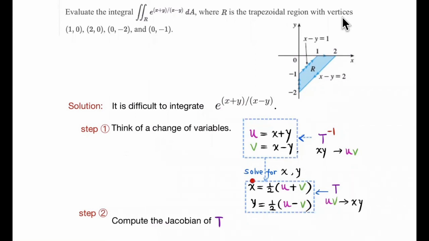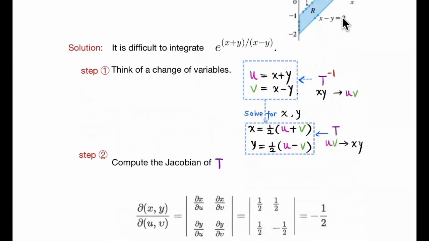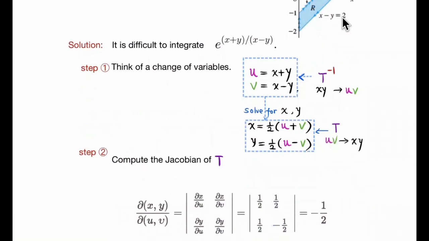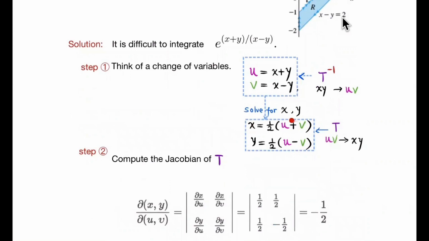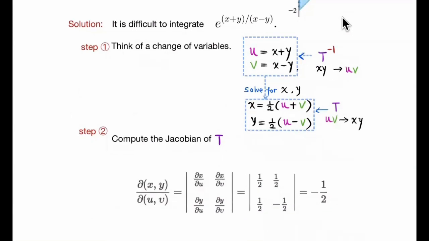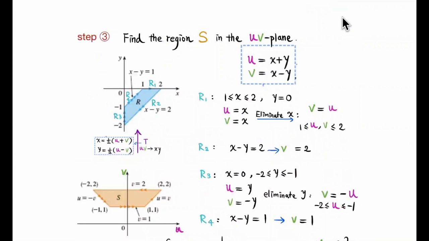Then this change of variables would define this transformation T. The second step is to compute the Jacobian of this transformation T. Calculating the Jacobian here, we got -1/2. The next step is to find the region S in the uv plane.